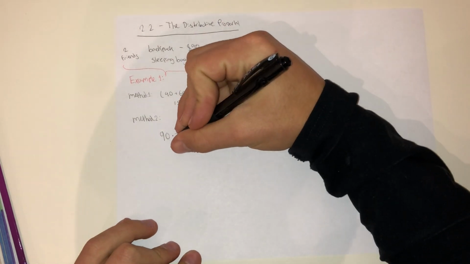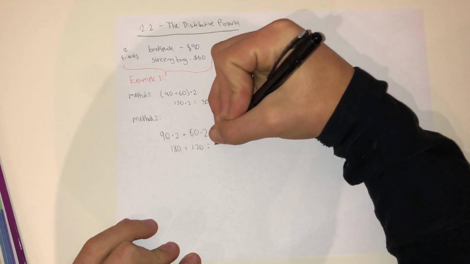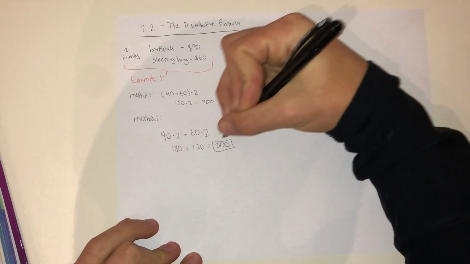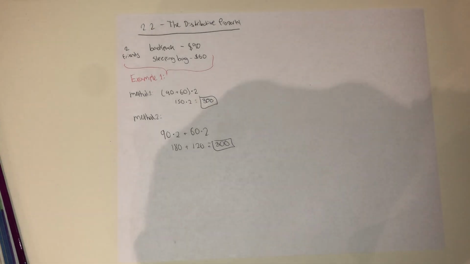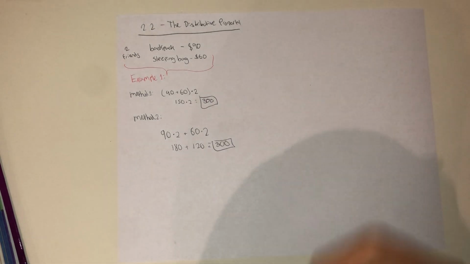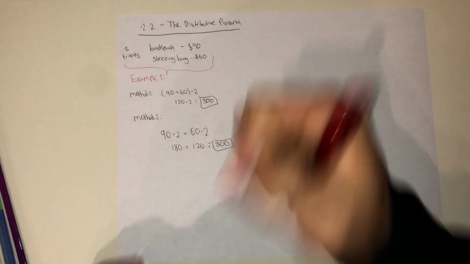This would equal 180 plus 120 equals 300. Both of them get the same result, but through different ways. These are equivalent numerical expressions. So this is all example 1.